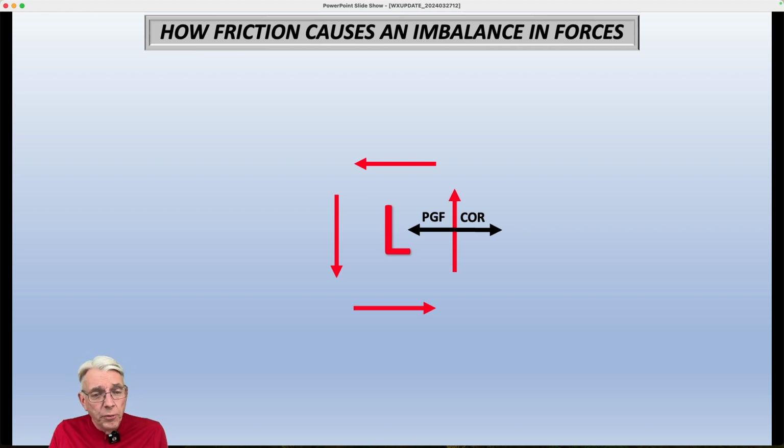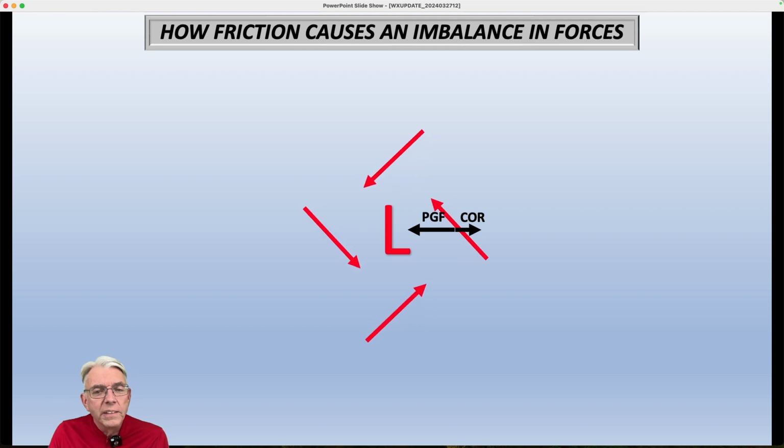However, let's say friction comes along. Friction slows down the wind, and the Coriolis force is proportional to the speed of the wind. So if the wind goes down, the Coriolis force goes down, and now the pressure gradient force is dominating, and this turns the winds a little bit toward the left, okay? And so this is why the air spirals into the middle of a low as opposed to just circulating around it in a perfect circle.